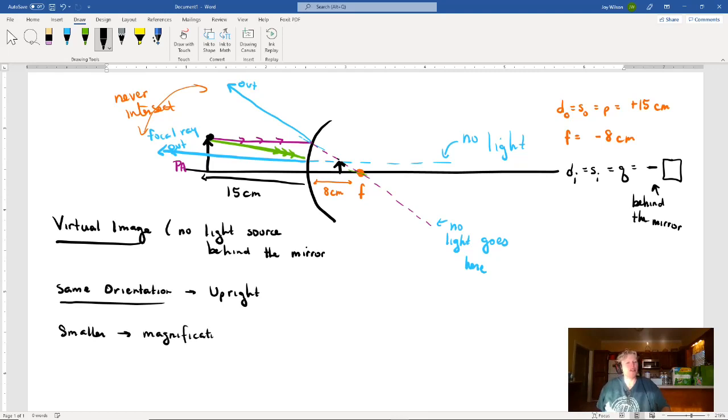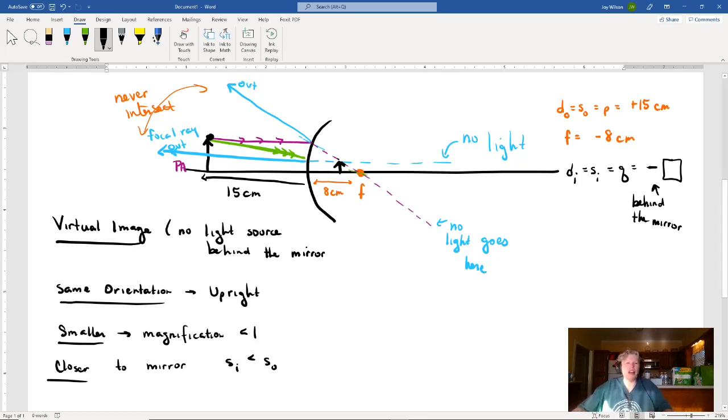So that means magnification will be less than 1 when we do the math. And it is also closer to the mirror, which means SI is less than SO. So closer to the mirror. Those are going to be the questions that they might ask you as a multiple choice. They might ask you to classify it, or they might ask it on a free response. They might say classify the image. So that would be how you classify the image.